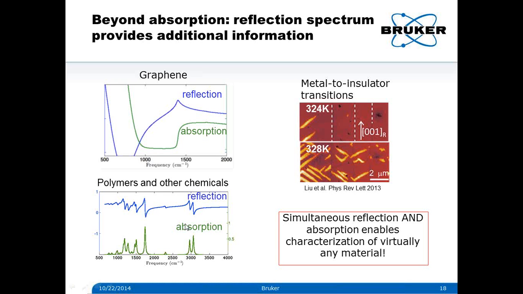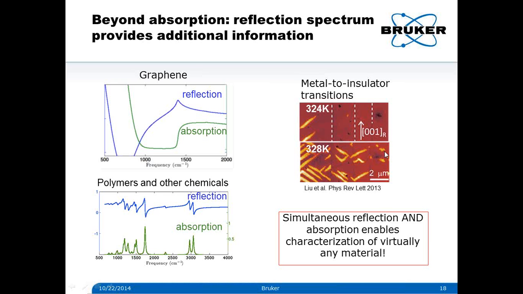We looked at polymers before on the left bottom plot, and also if you look at other systems like metal to insulator transition materials like VO2, vanadium dioxide, in this work of Liu et al. here, you see these metallic domains that show up brightly in this insulating matrix. And if you increase the temperature, you see more and more of these domains.